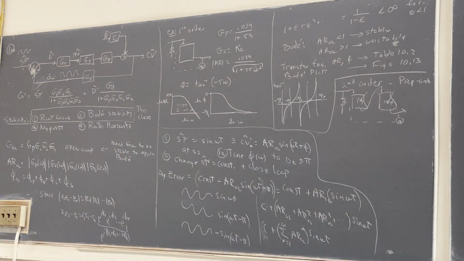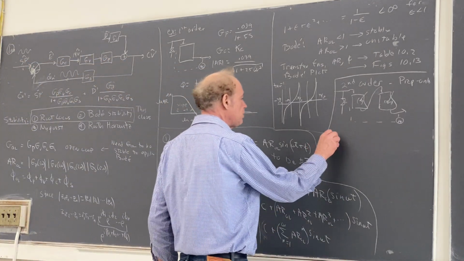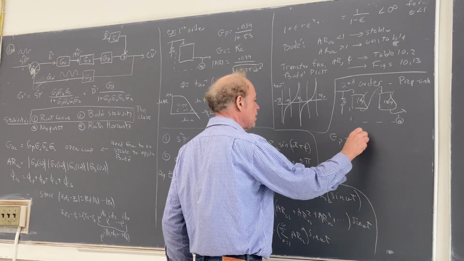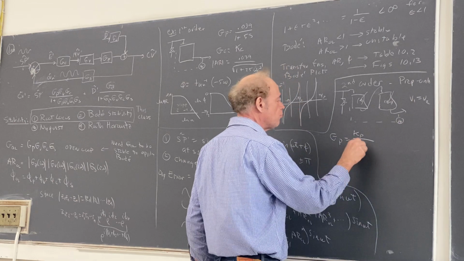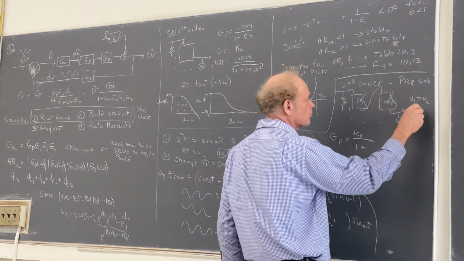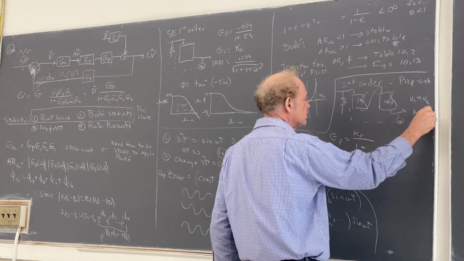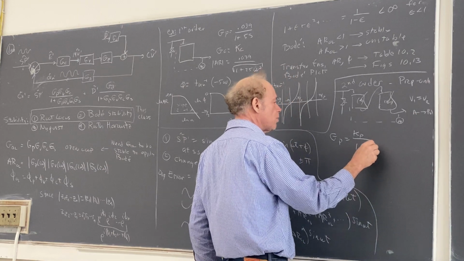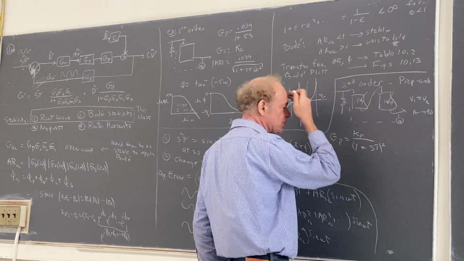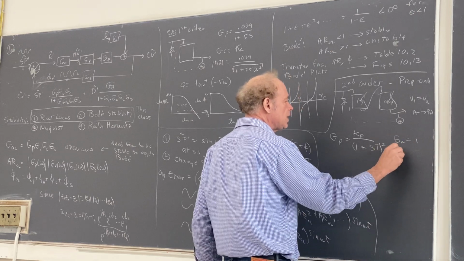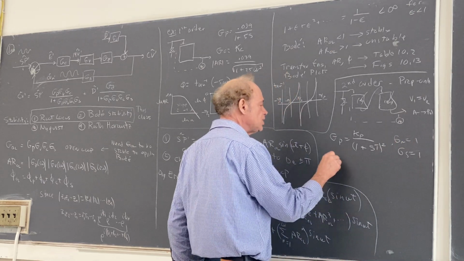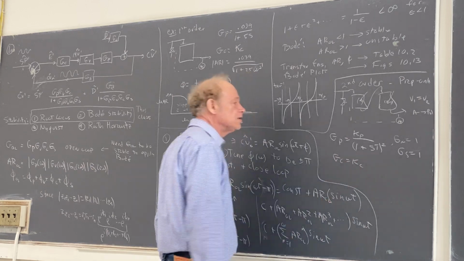So in a second order system, I have GP is KP. In this case, I'm going to set V1 equal to V2, over 1 plus, and I could have a first order reaction, K goes to product, 1 plus ST squared. I'm going to set GV equal to 1, GS equal to 1, and GC is equal to KC.